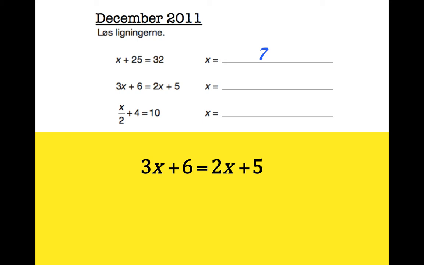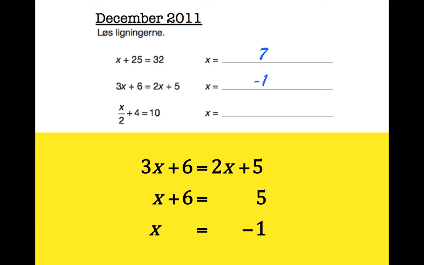There are 3 x's on the left and 2 x's on the right, so the most x that we could take away from both sides is 2 x's. So taking away 2 x's from both sides, we get a single x plus 6 equals 5. We'd like to get the x bit on its own, so we want to take away the 6 from both sides. So doing that, x equals minus 1.